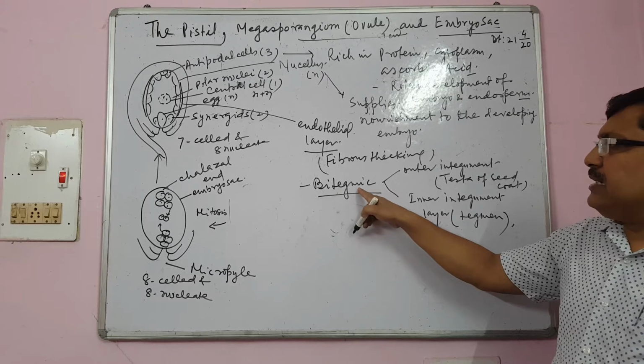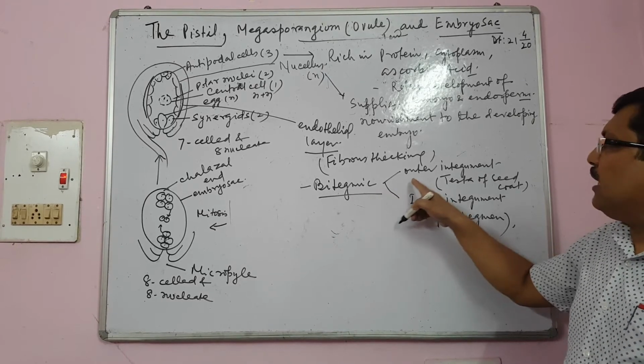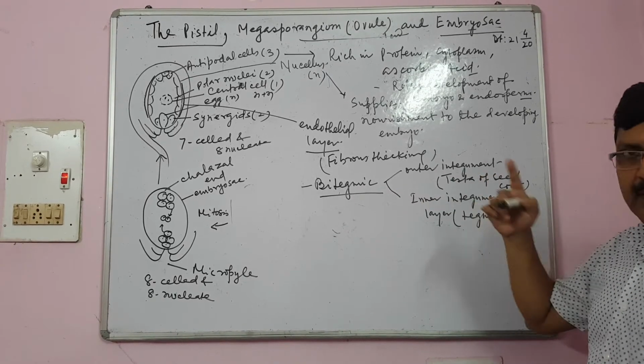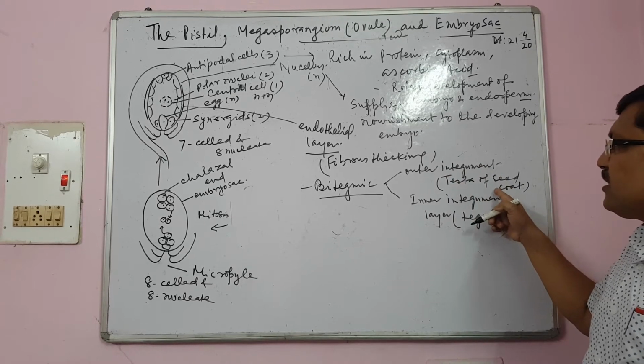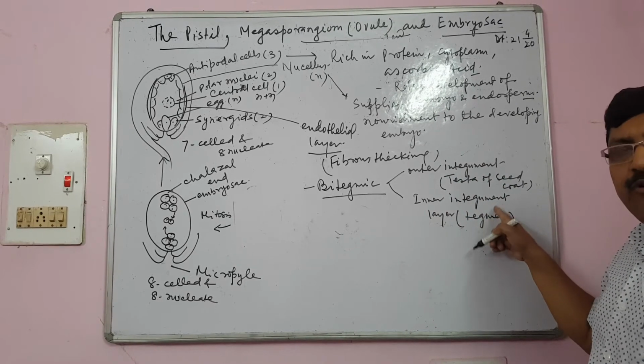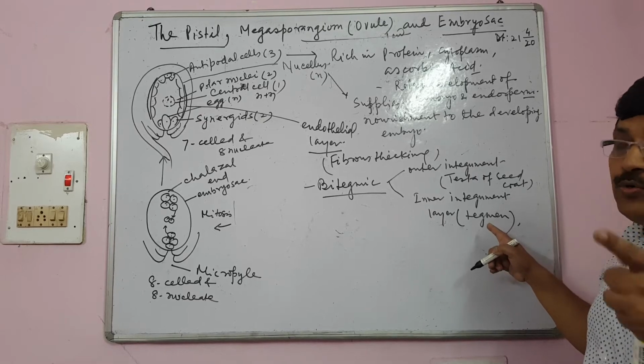Clear? In case of a bitegmic ovule, the outer integument forms the testa, and the inner integument forms the tegmen of the seed coat.